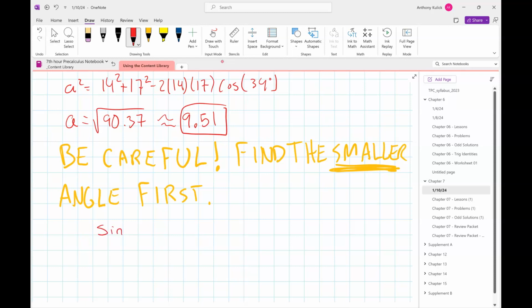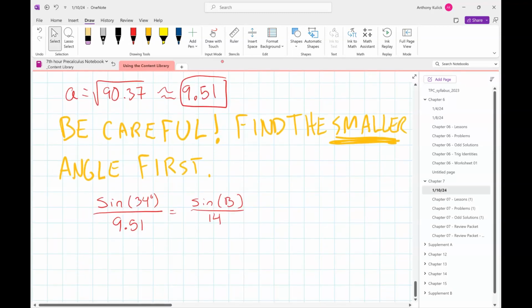So I'm going to do sine of 34 over 9.51 equals sine of angle B over 14. So far, so good?